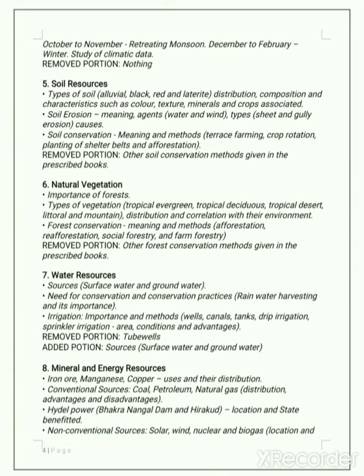Okay, next is irrigation, importance and methods. So you should know the importance of irrigation and the methods. Now under methods you are required to do only the wells, canals, tanks, then drip irrigation, sprinkler irrigation, and the areas, the conditions and advantages.